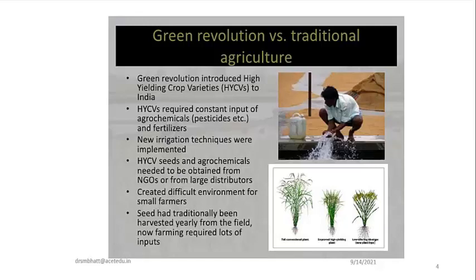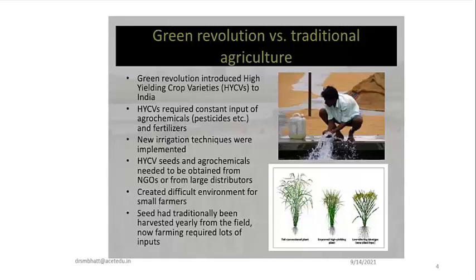If you require a very small amount, use a very small amount. And also new irrigation techniques are now implemented. At that time, flood irrigation was there. Now what we are doing, we are targeting drip irrigation. Earlier this was flood irrigation. Now we are doing which irrigation?